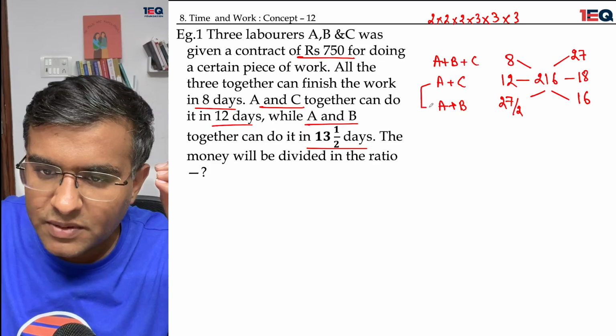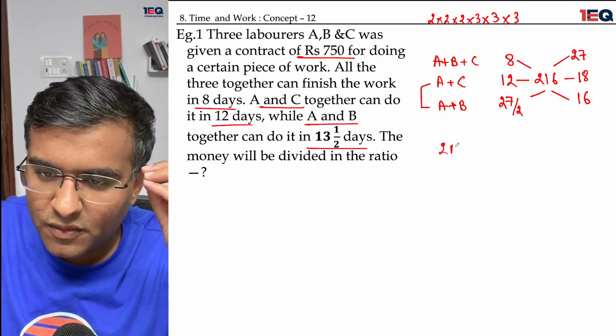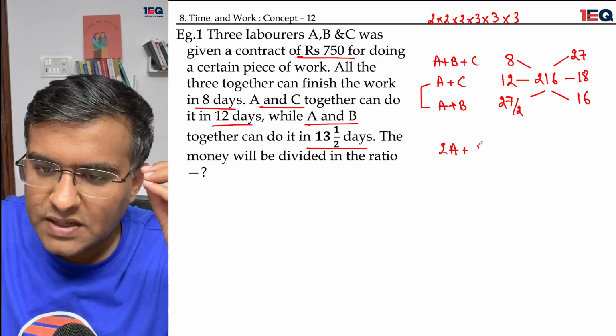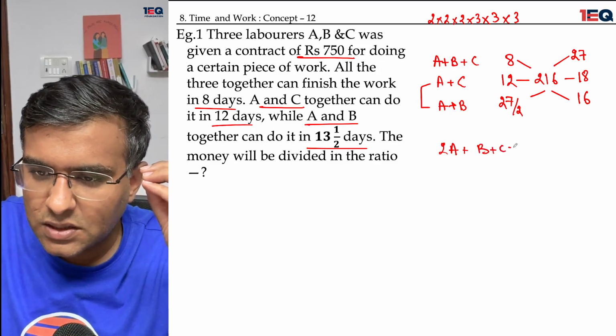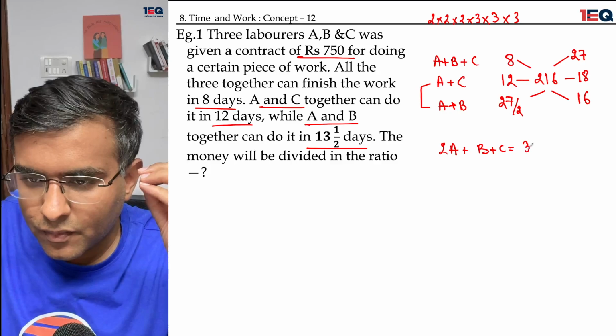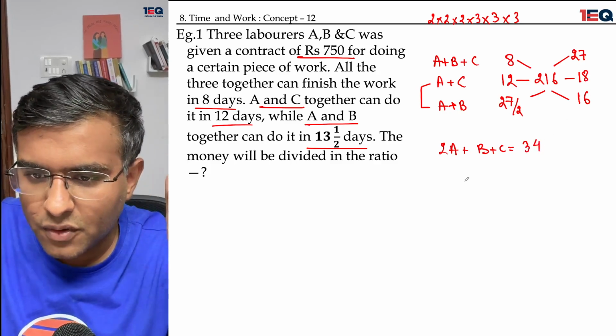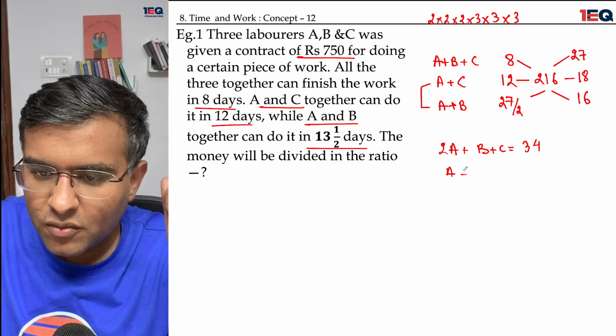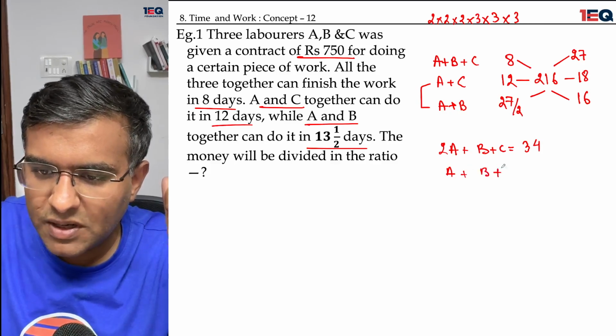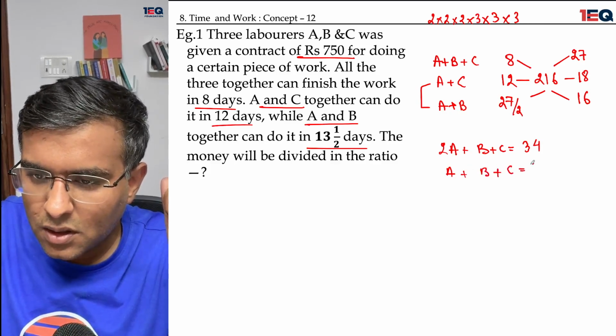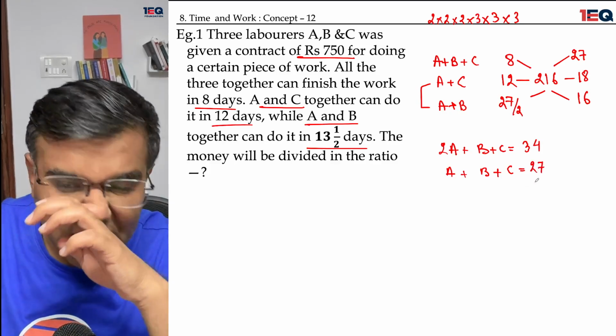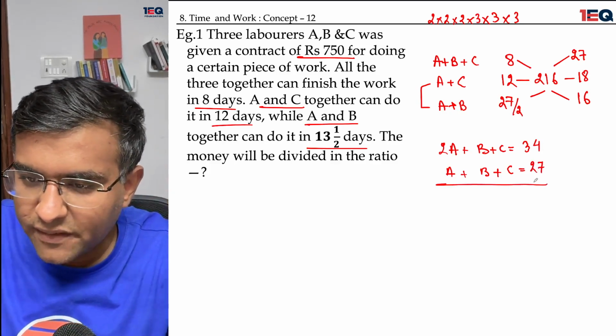If I add up these equations, I get twice of A plus B plus C to be 34. If I have only these three equations, A plus B plus C comes out to be 27. I quickly divide all of them.